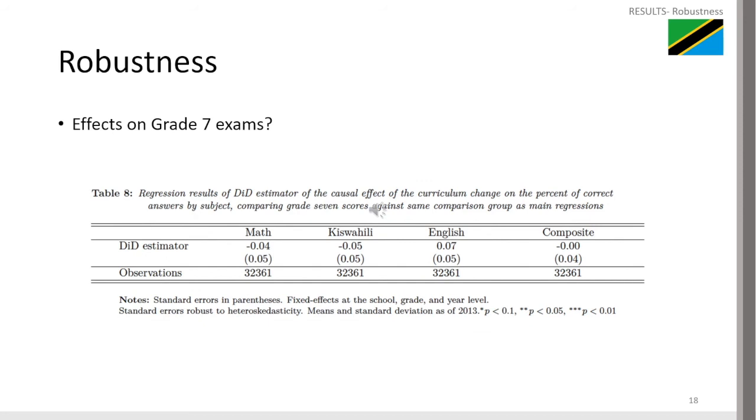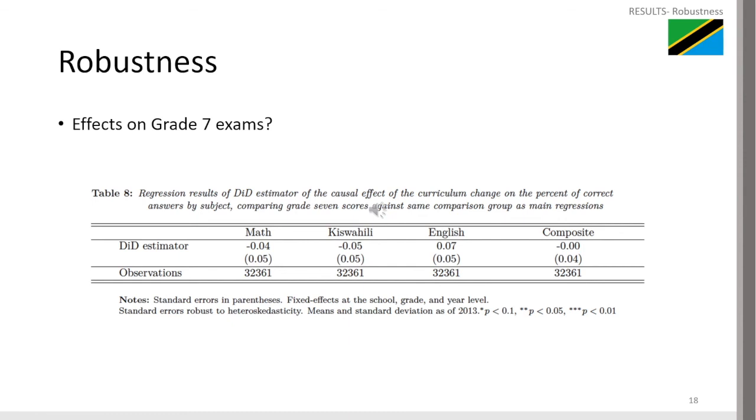Finally, we can look at the impacts on grade 7 exams. So we might be worried that we are picking up some other effect. And so we can use this as a placebo test. The grade 7 national examination is a high stakes exam, especially for the student, because it determines their progression to the next level, but also for the school because it's what they use to build reputation.